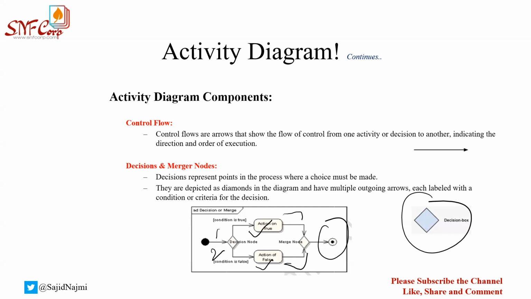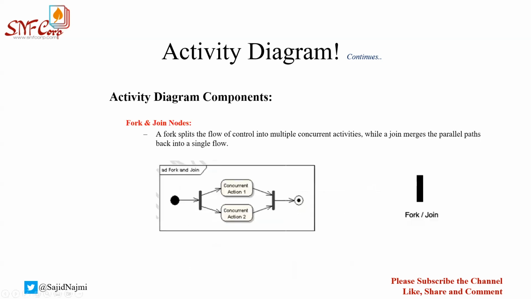All right, so next we have forks and joins. You might be confused. I just spoke about decisions, and here is the fork and join. This will split one activity into two concurrent activities, and then the results will be merged to make one activity.